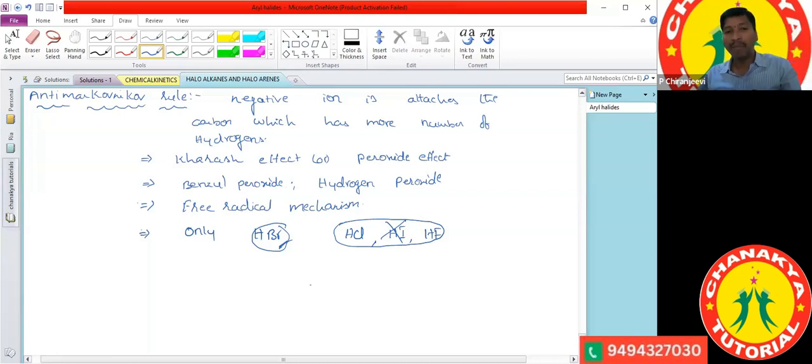So in the anti-Markovnikov rule, only the hydrogen bromide reaction takes place. Still any doubt? That is an exam point of view concept. I had seen some question in some paper: why does hydrogen bromide only take the addition reaction, why not others? These are the reasons.